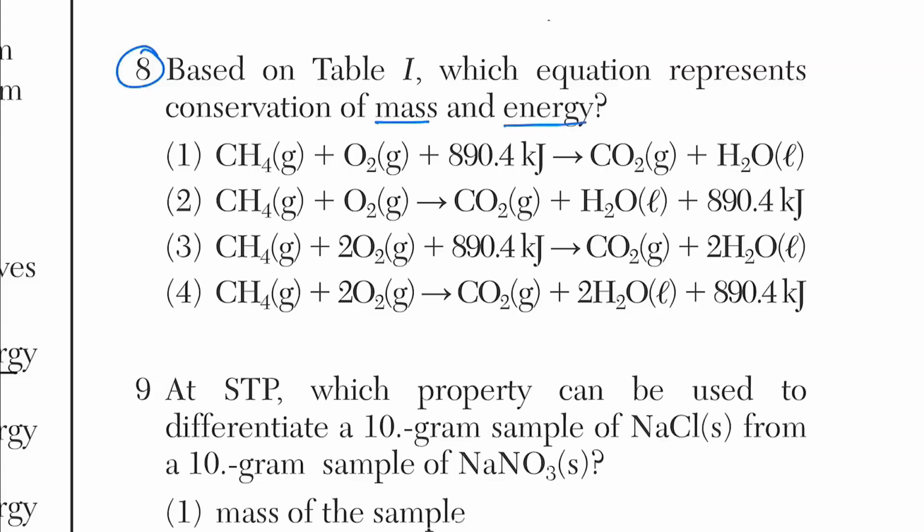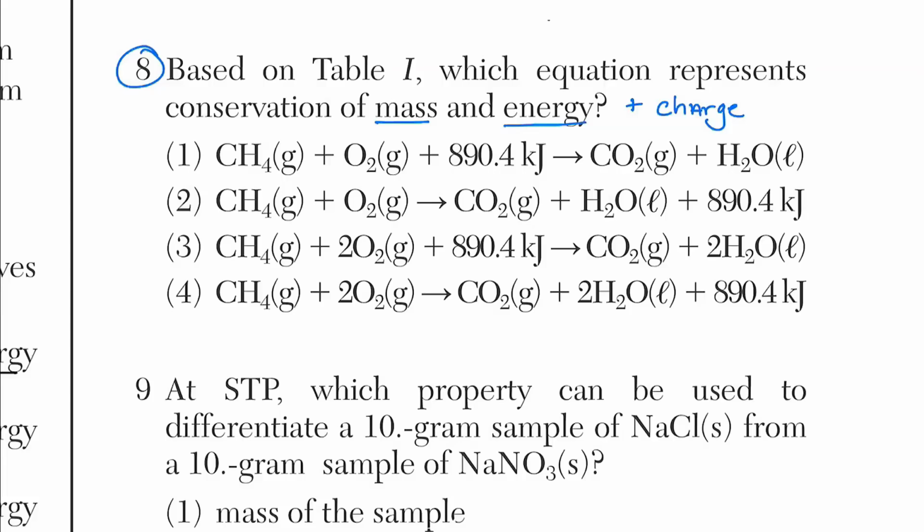All right, my friends in chemistry, you should know that every time a reaction is written with its energy, mass, energy, and charge are always balanced. I know the charge part isn't part of this question, but be aware that all three things are involved. In this question, they want to know which one follows the conservation of mass and energy.